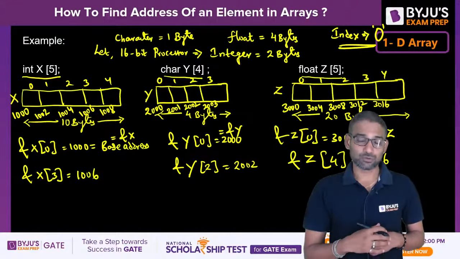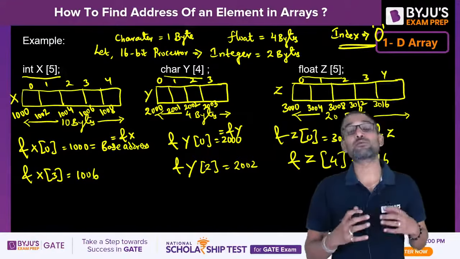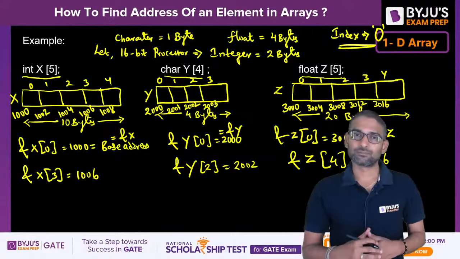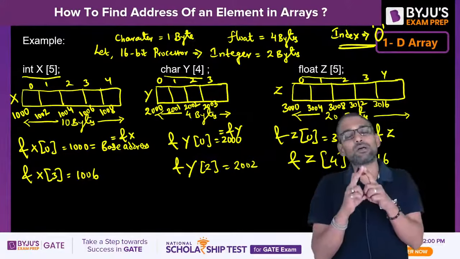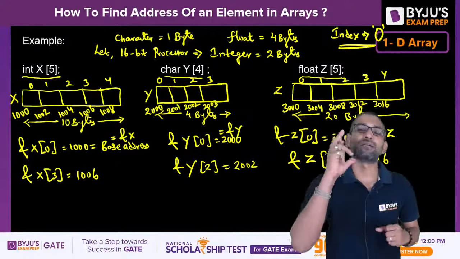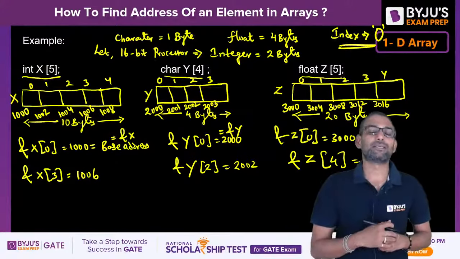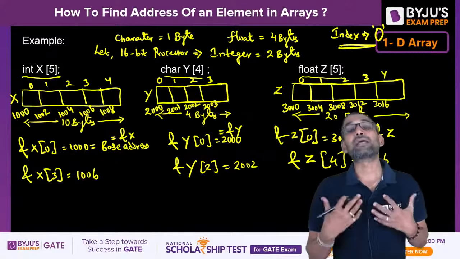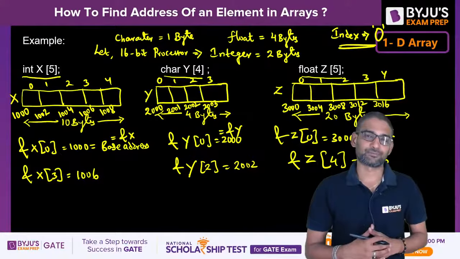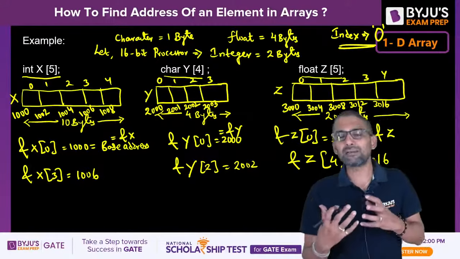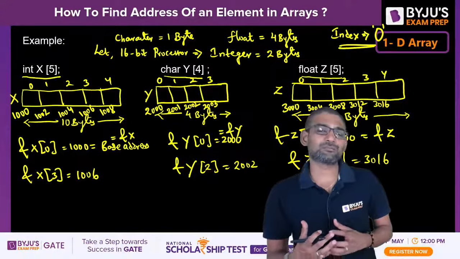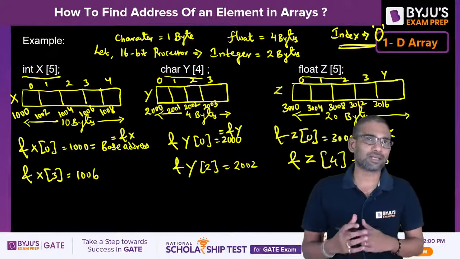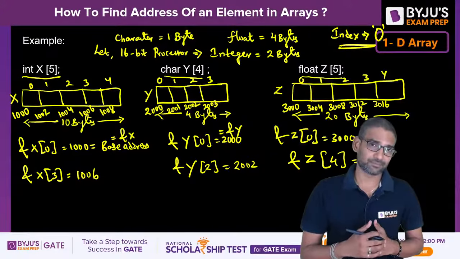Right? So, when the size of array is very big, to draw the complete array and find the address of a particular element is definitely a time-taking process. So, there should be some easy method or some generic method to find the address, definitely.